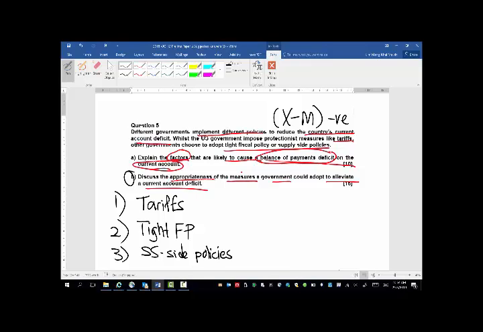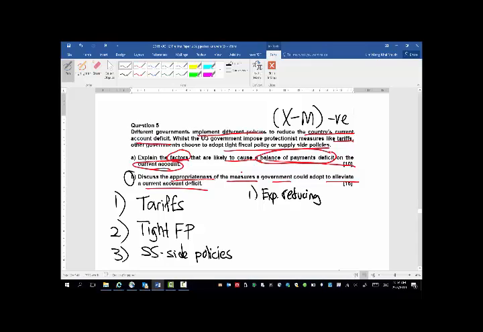Okay, let's understand deeper why. Why is it that we want to get them to expenditure reduce or expenditure switch? What's one of the reasons as to why there's a balance of payment, why there's a current account deficit? So expenditure reducing, let's try to understand this part here.